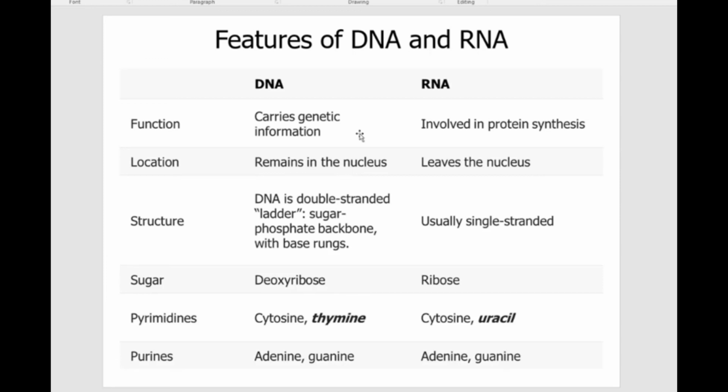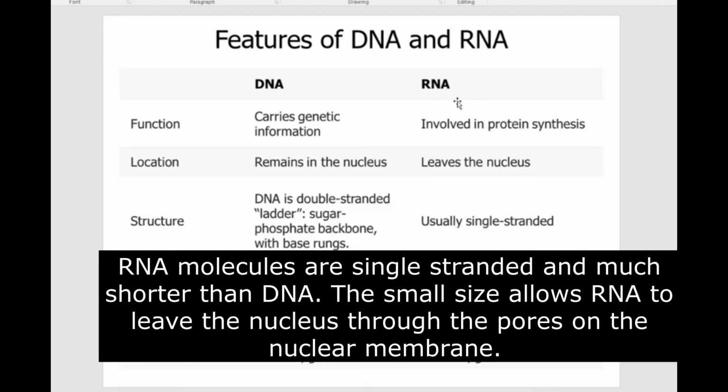So that's why you need a messenger RNA to bring the message out of the nucleus to the cytoplasm where protein molecules are produced. But mRNA, once it's synthesized, can exit the nucleus and go into the cytoplasm to deliver the information.